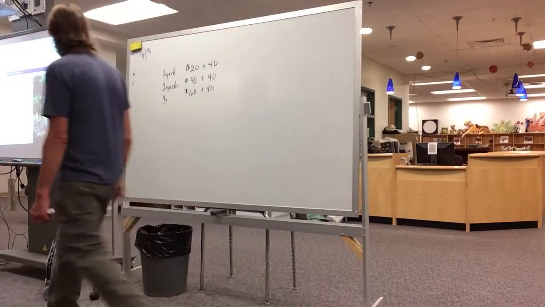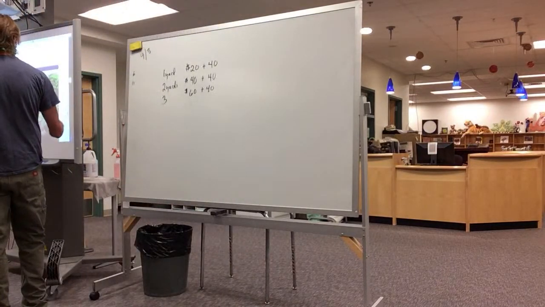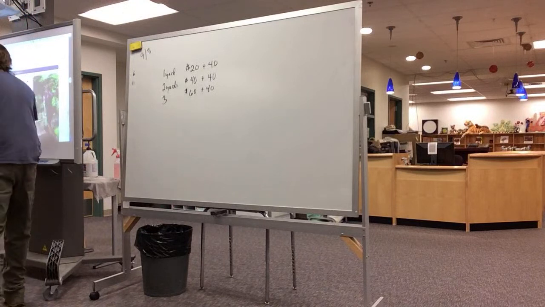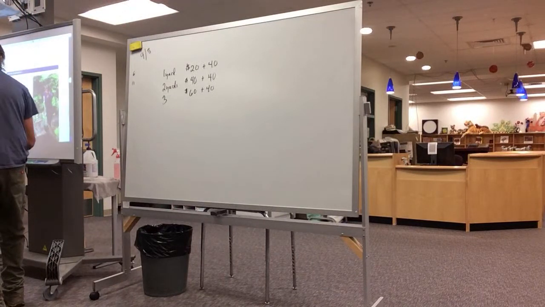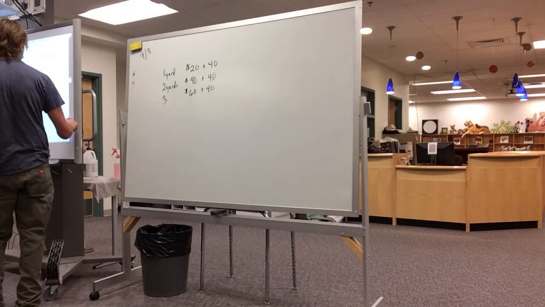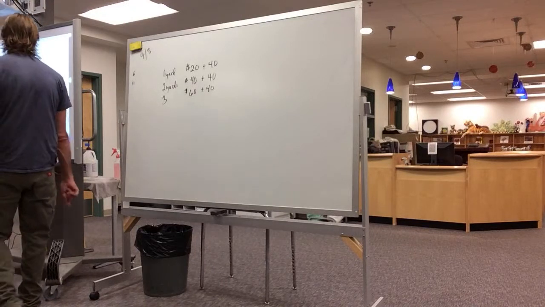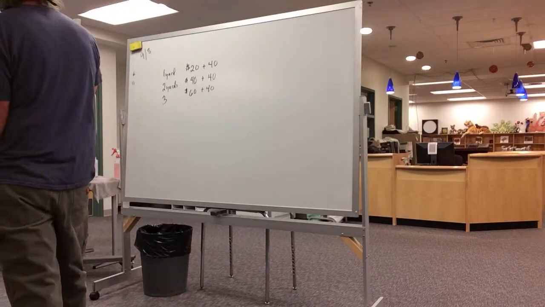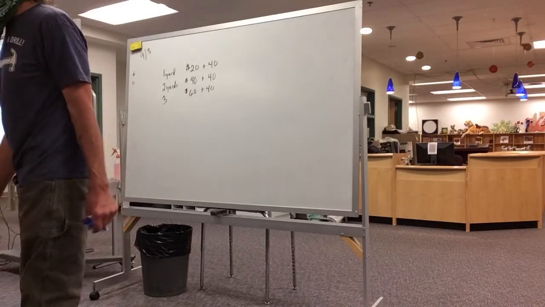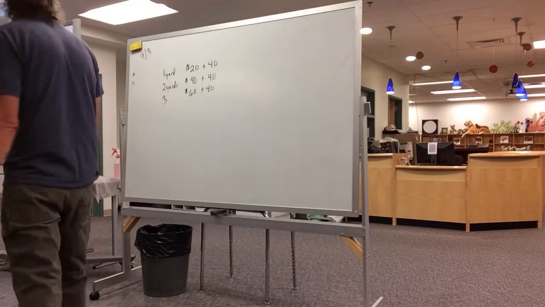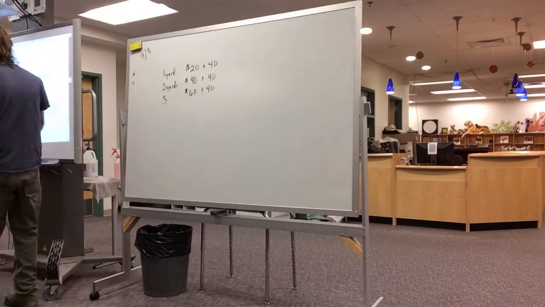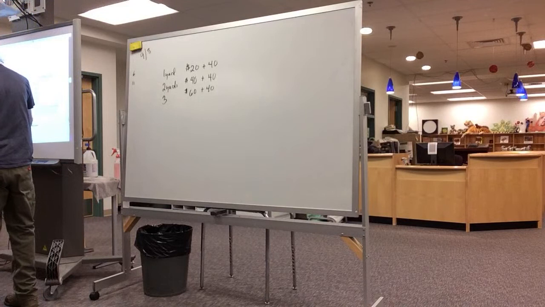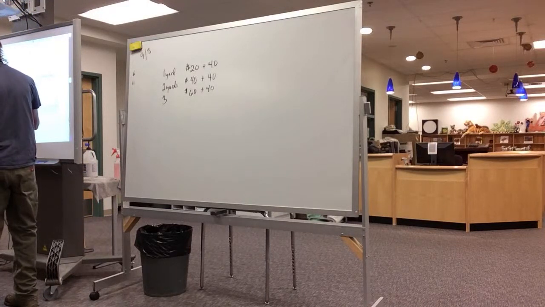So if I looked at this, which one starts at 40 and goes up by 20? They both do, don't they? Yeah. But this here says there can only be 0 or 1 or 2 or 3.